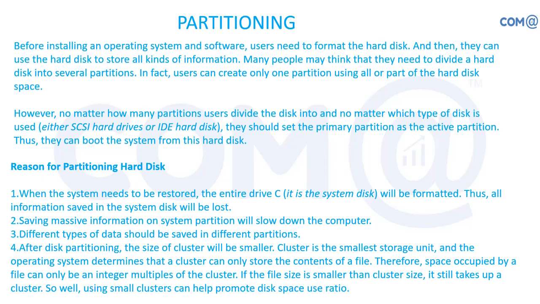After this partitioning, the size of the cluster will be smaller. A cluster is a smaller storage unit, and the operating system determines that a cluster can only store the contents of a file. By dividing the partitions, we are going to have a better management of the operating system as well as the data transaction.